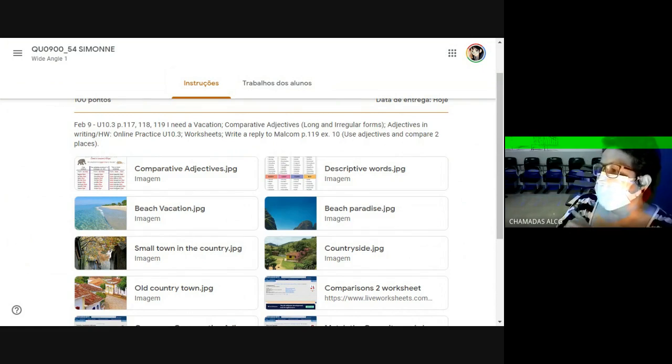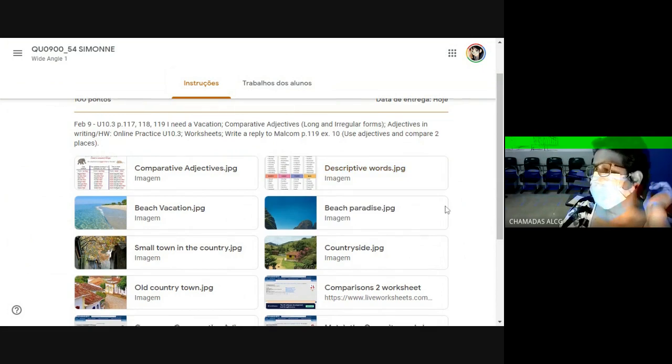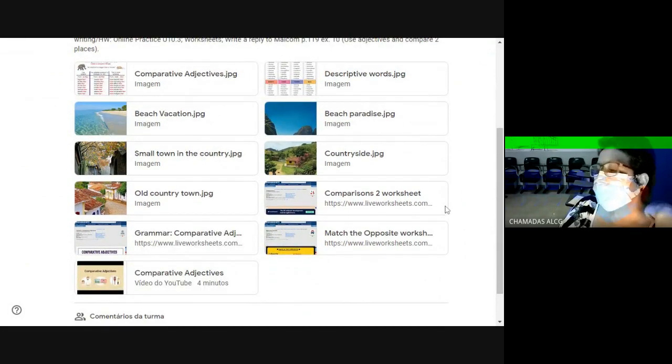Use adjectives and compare two places. Now I want to know who did the homework.